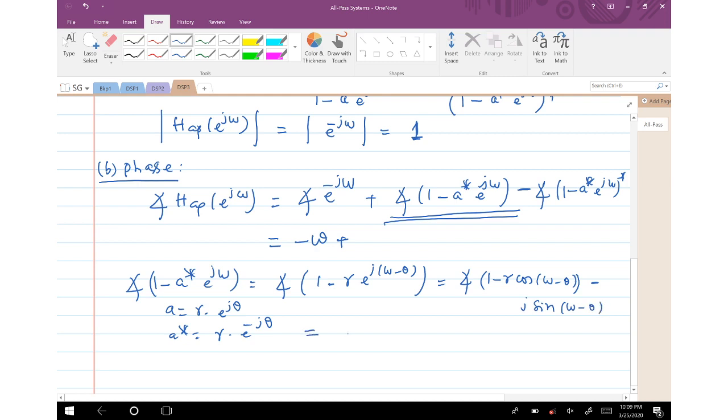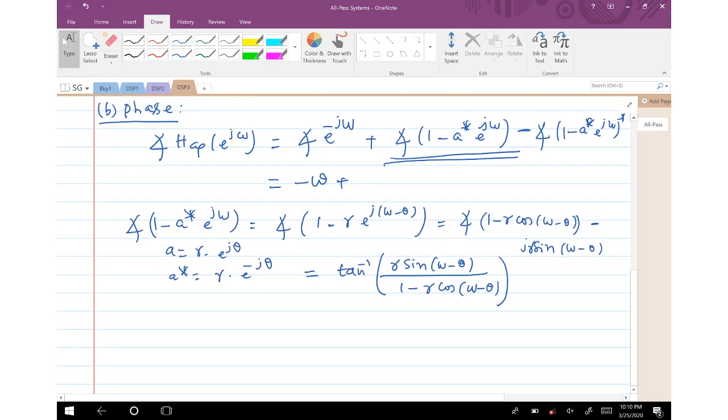And that would be equal to tan inverse of the imaginary part over the real part. I could write it as tan inverse of, by the way, there is r here also, r times sine of omega minus theta over 1 minus r times cos of omega minus theta, correct?